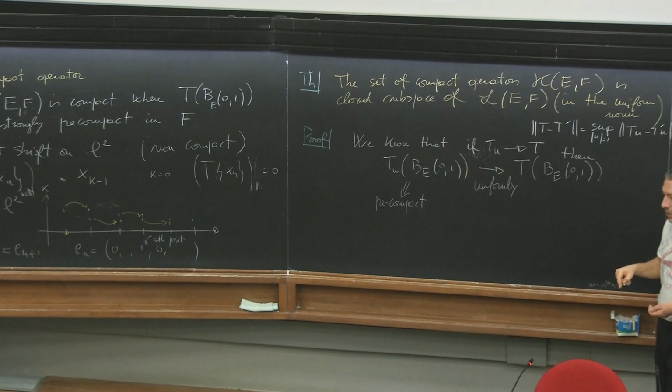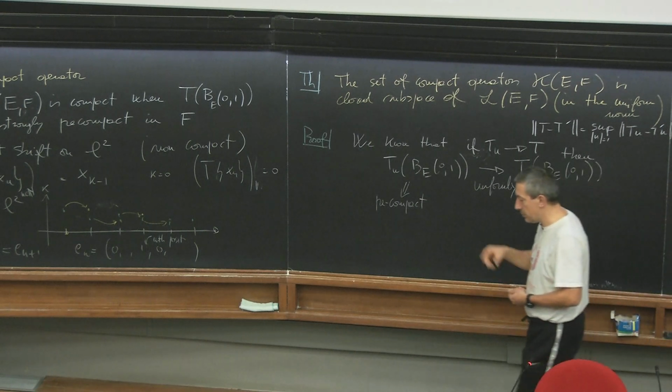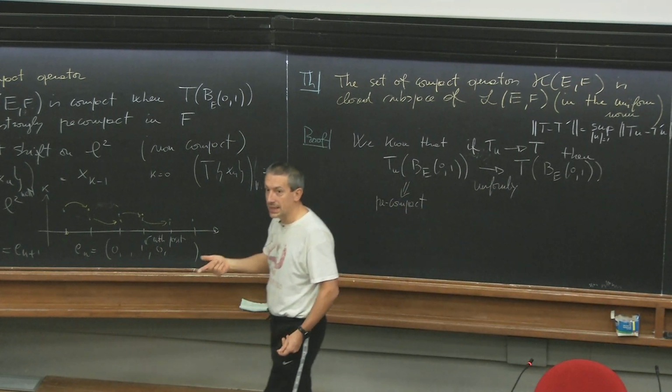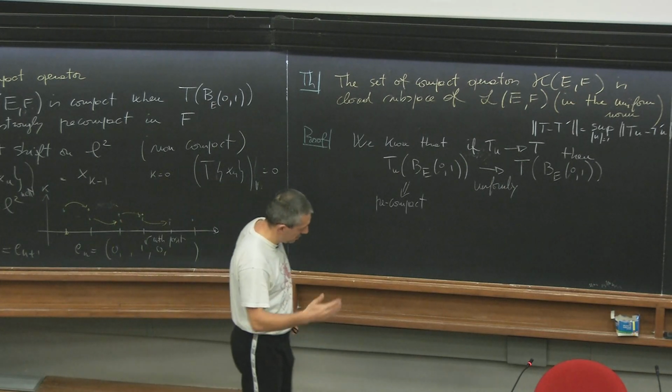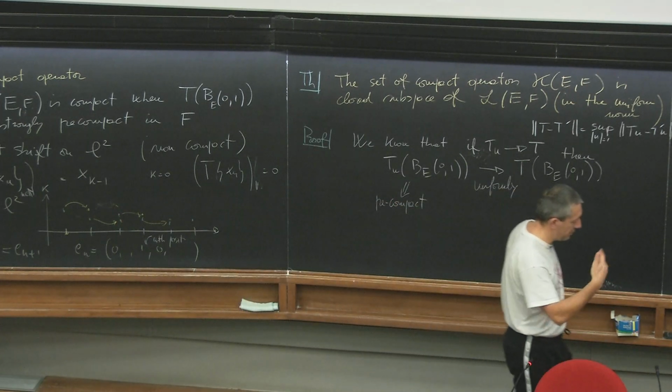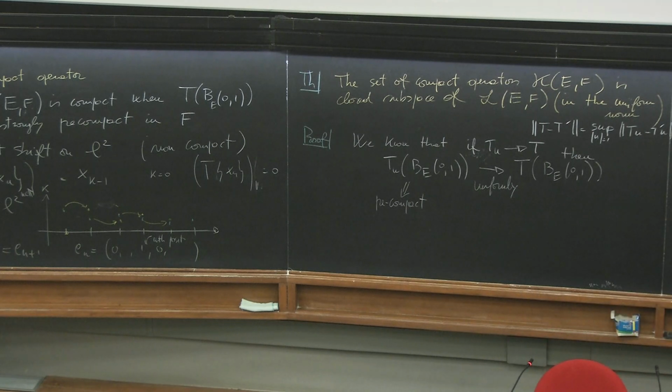And if you remember, the first time we did it was in the Ascoli-Arzelà proof, no? Or, well, not in the Ascoli-Arzelà proof itself, but in its application for the Kolmogorov theorem, the strong compactness in Lp of sets which are uniformly continuous with respect to translation.